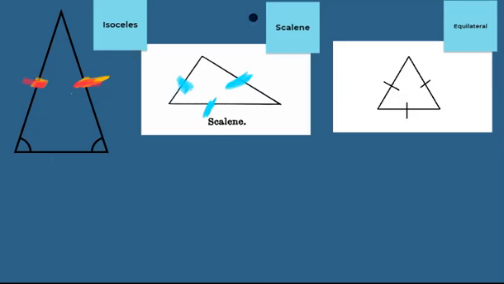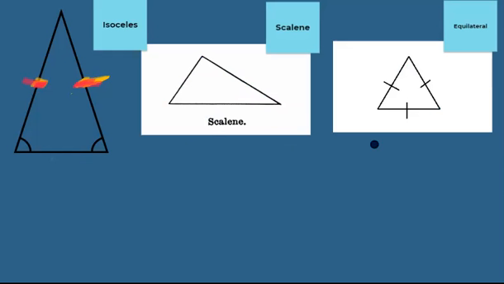Scalene has no equal sides. So that's one way you can verify it. So there won't be any marks on the scalene triangle just because it doesn't have any equal sides at all.